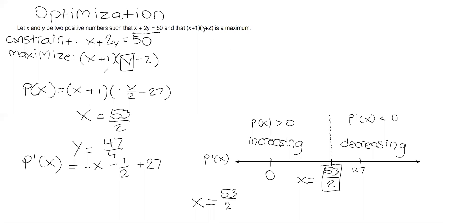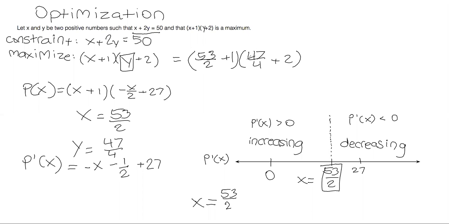So originally, if we walk through the problem, they wanted us to maximize this quantity. So now that we know what x is and we know what y is, we can find the maximum. So I want to substitute this x with 53 over 2. I want to substitute this y with 47 over 4.